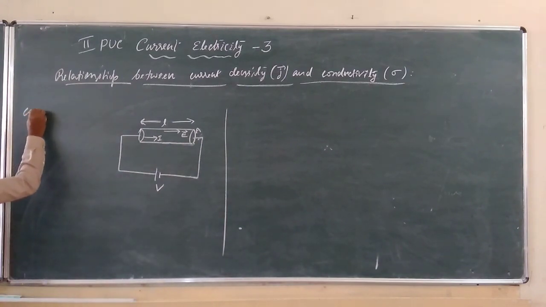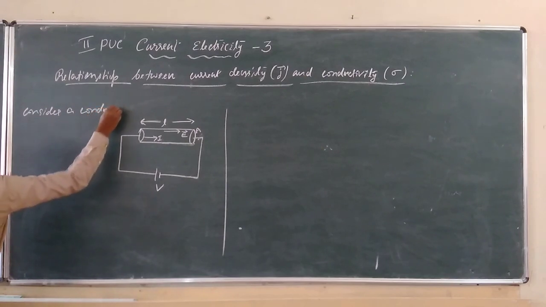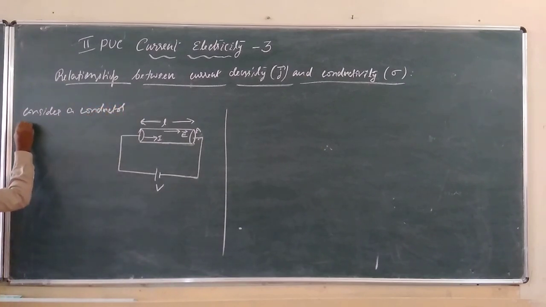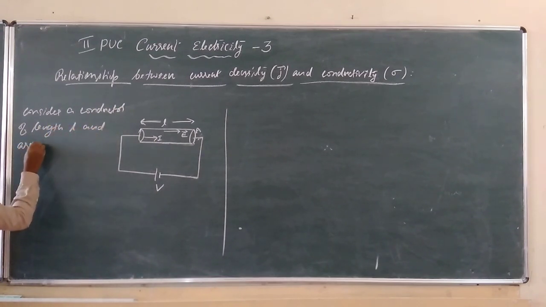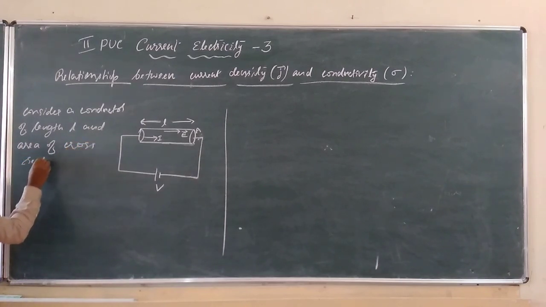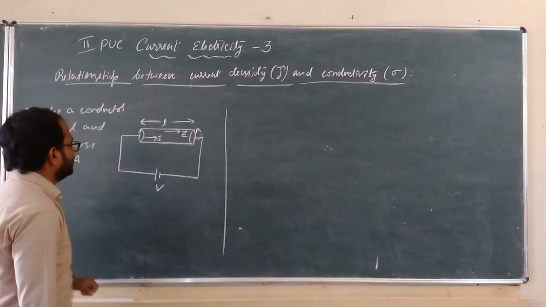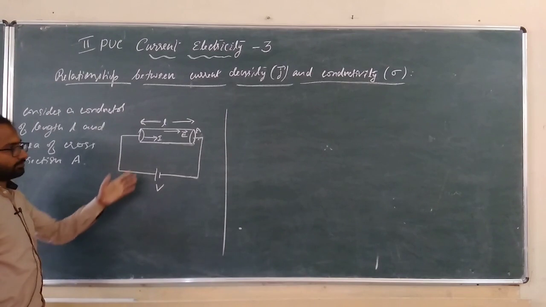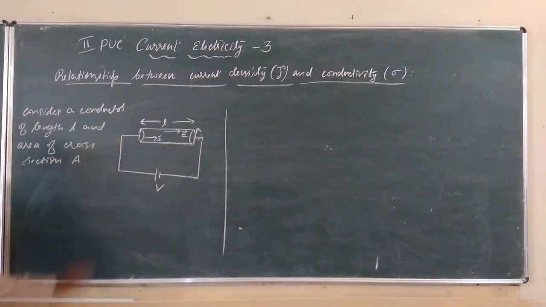So consider a conductor of length L and area of cross section A. If there is a diagram it is easy, you understand a little better. Actually the textbook and notes have no diagram, but still we draw a diagram.